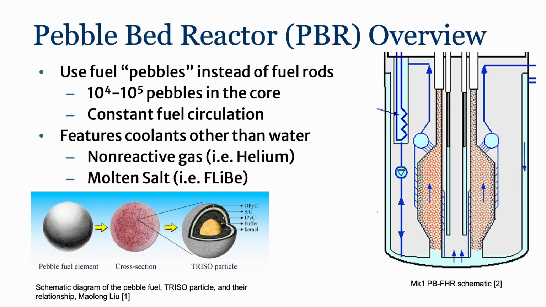These reactors also feature coolants other than water, so you might have helium gas or a molten salt like FLiBe. This is good because it enables higher temperatures and lower pressure operations, so you get more safety and thermal efficiency.